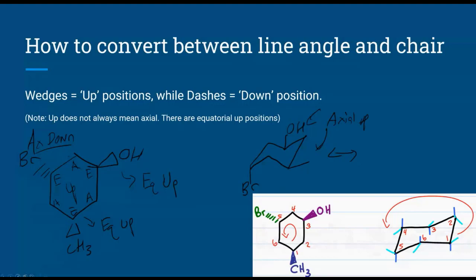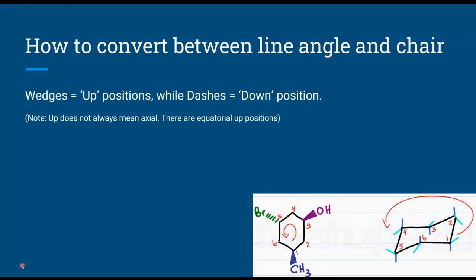We can also try a different way. If I draw out the ring again, okay, so let's say wedges mean up.